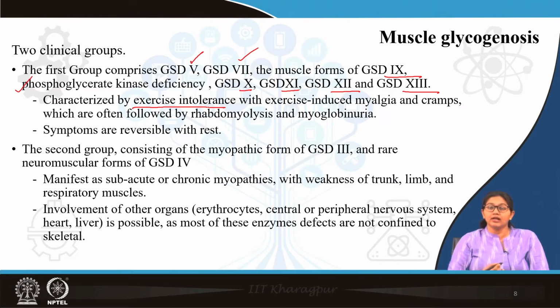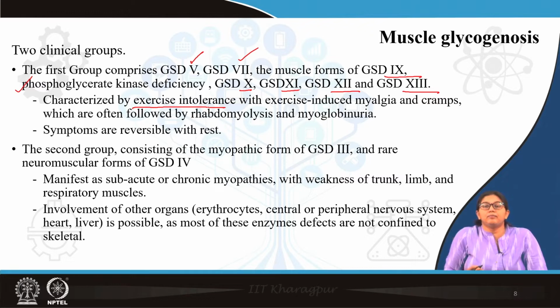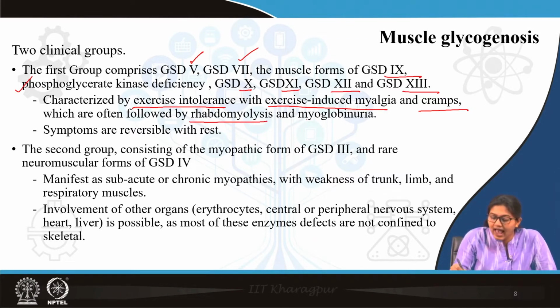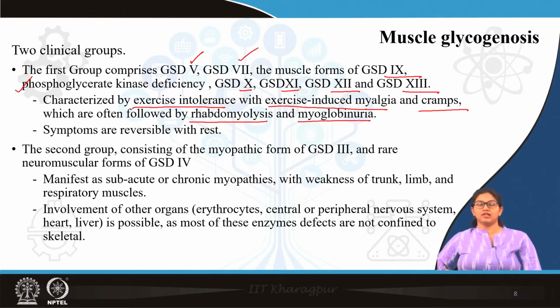And what will happen when they exercise? They will have muscle pain and muscle cramps. So, exercise-induced myalgia and cramps will be present. Finally, sometimes these symptoms are followed by rhabdomyolysis and myoglobinuria. Muscle proteins will be degraded.